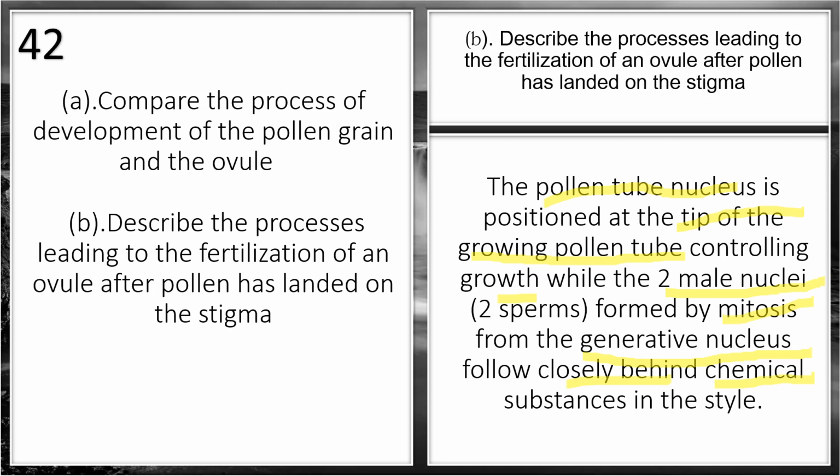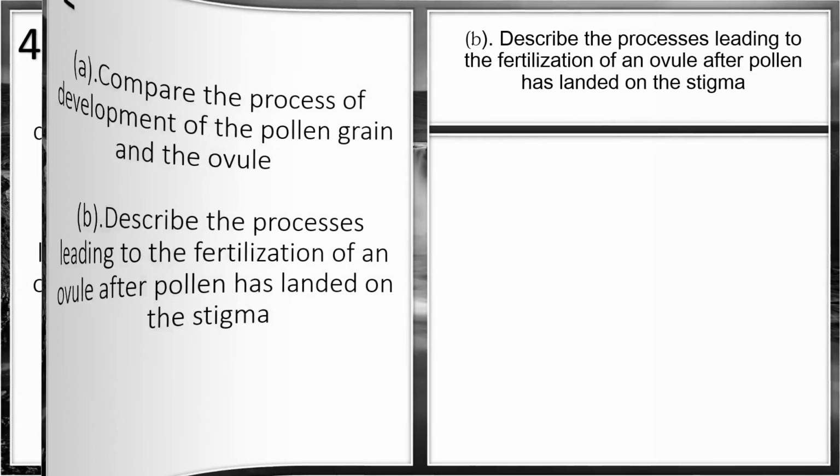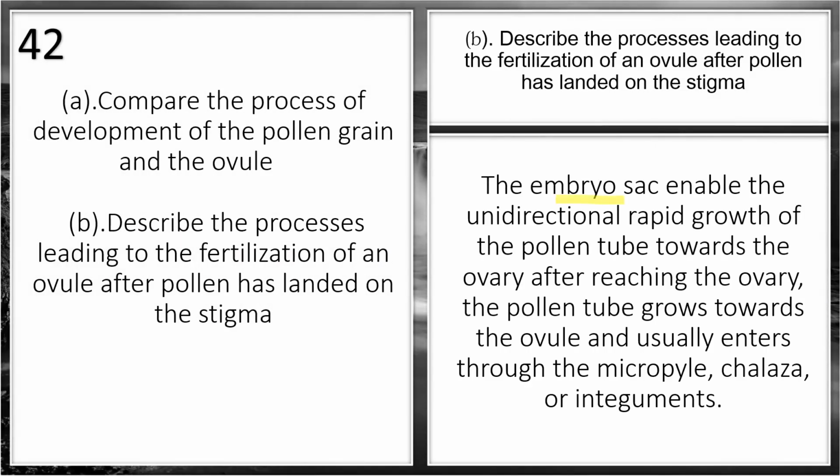Chemical substances in the style and embryo sac enable the unidirectional rapid growth of the pollen tube towards the ovary. After reaching the ovary, the pollen tube grows towards the ovule and usually enters through the micropyle, the chalaza, or integuments.